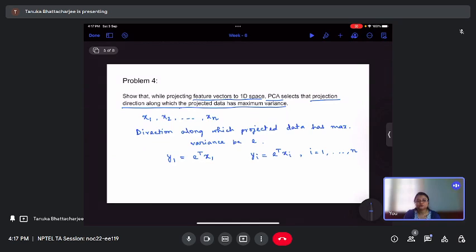Now you want to see the variance of this particular projected data. You want to see the variance of these yi. So how do you compute the variance of yi? So the formula for variance, let us say V, will be 1 by n summation of yi minus mu tilde whole square, i equals 1 to n.